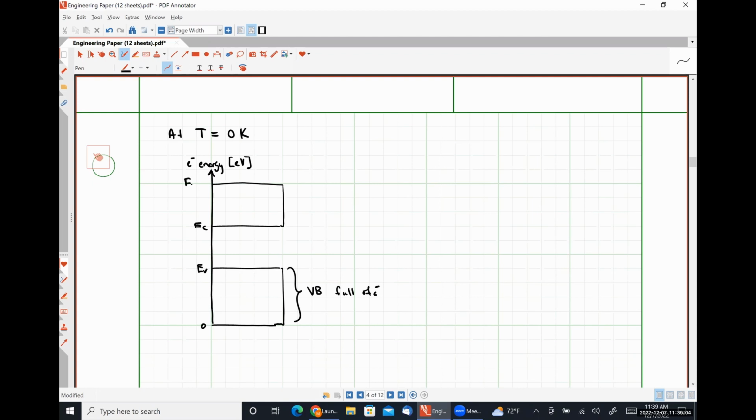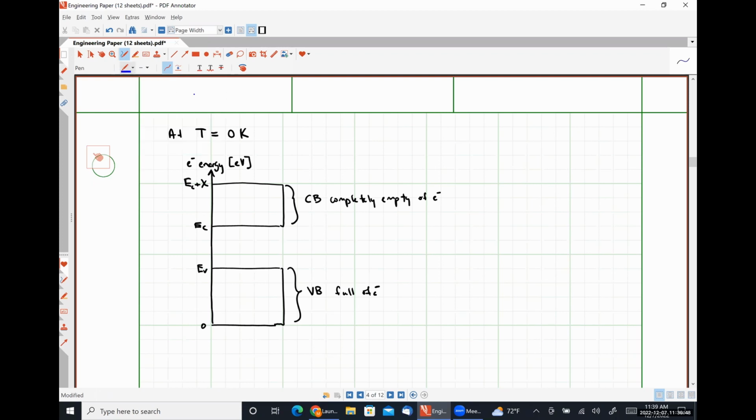And then this is the energy level of the conduction band plus chi, which is the electron affinity, I believe. So this is our conduction band, and it is completely empty of electrons, okay? So at this temperature, absolute 0, silicon behaves as an insulator because there are no electrons available for conduction. The conduction band is entirely empty, okay?